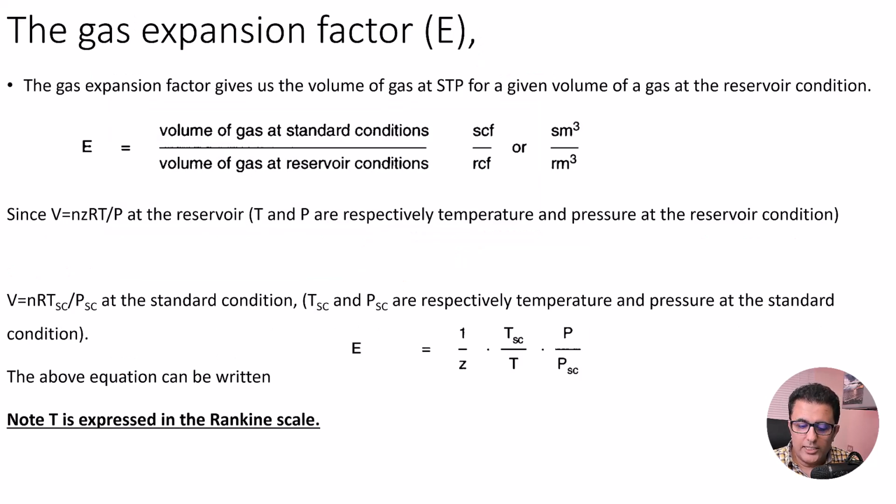So why is this equation important? Previously I mentioned that expansion factor is the volume of the gas at the standard condition over the volume of the gas at the reservoir condition. Here's something that you may notice for the gas at the surface facility. The behavior of the gas is very close to ideal gas.